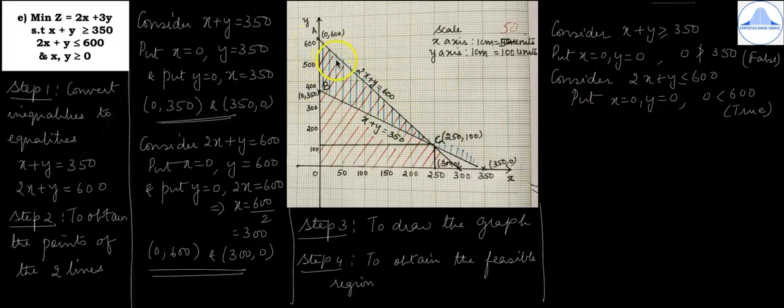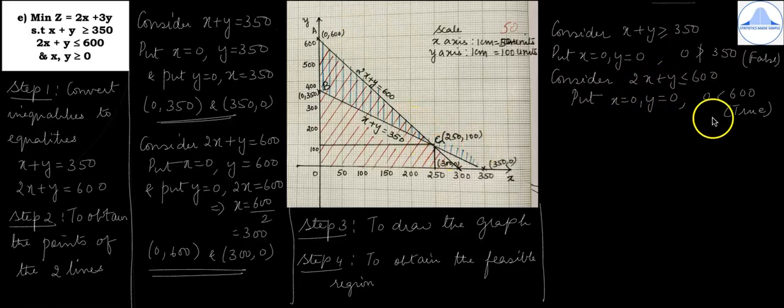This is the first equation, that is x plus y equal to 350. It is false, so you have to shade away from the origin. I have used the blue color, that is I have shaded on top of the line. Then the other equation is 2x plus y equal to 600, that is this line.